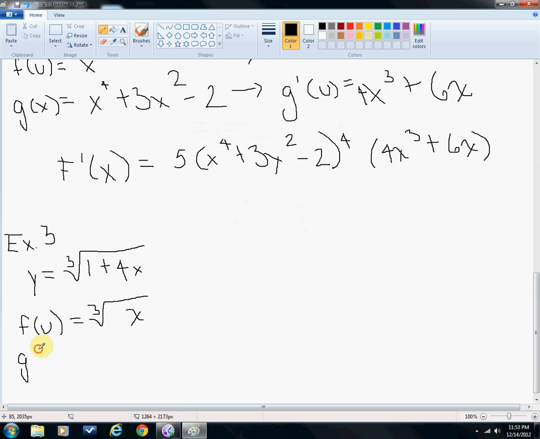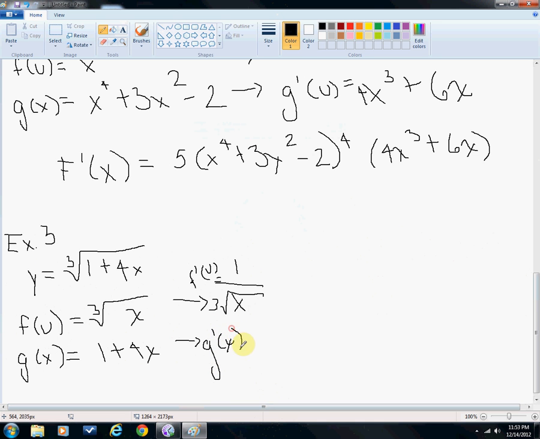And g of x is simply the stuff inside, 1 plus 4x. And you take the derivative, so the derivative of f is one-third x to the negative two-thirds, and the derivative of g of x is simply 4.